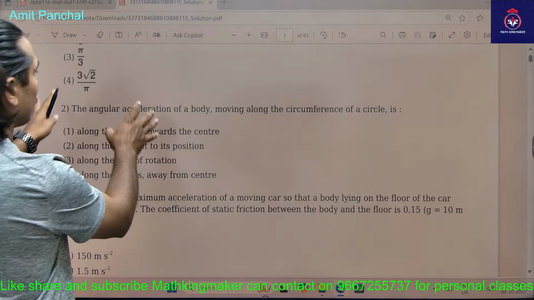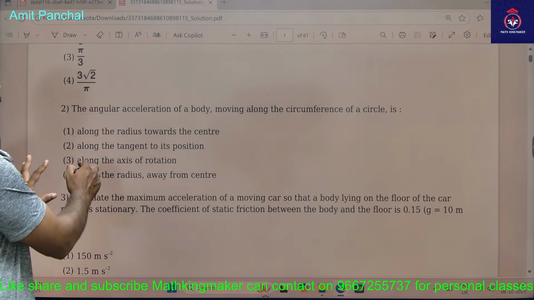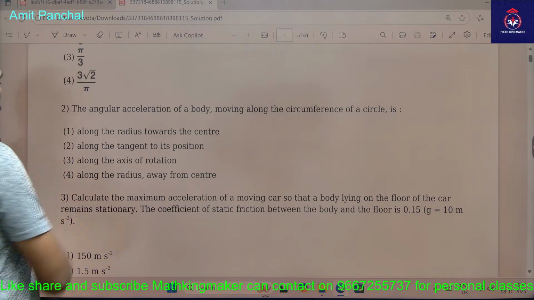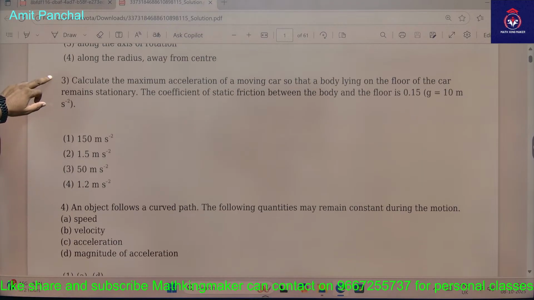Angular acceleration is always along the axis of rotation. Just remember it. Always. Angular acceleration is always along the axis of rotation. Okay? Got it?